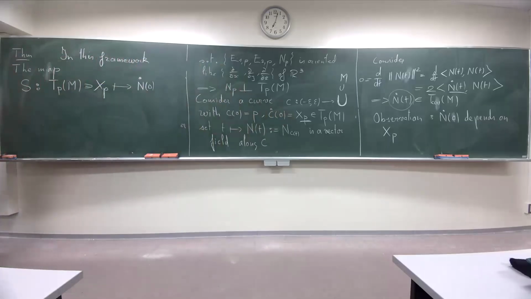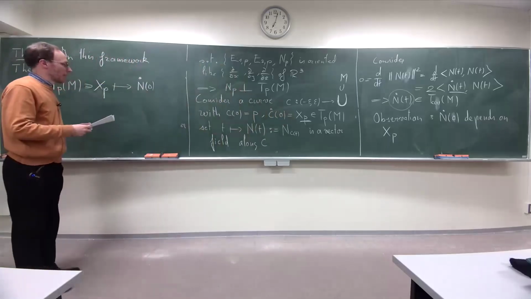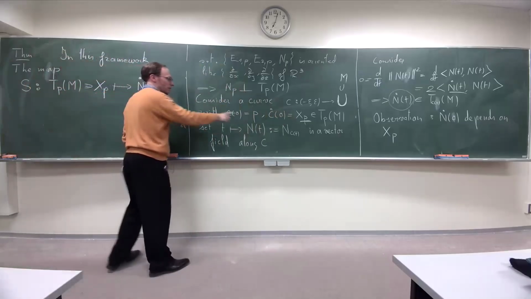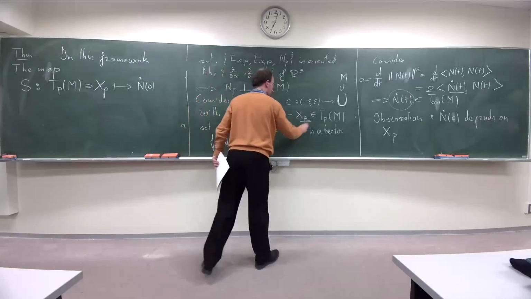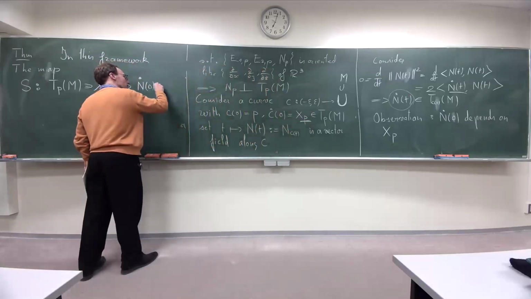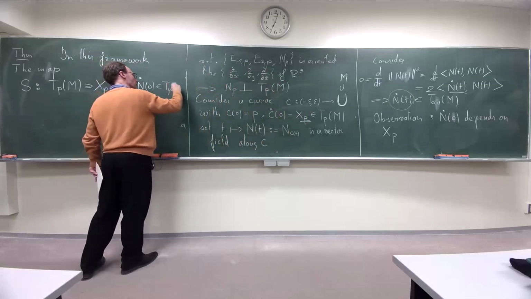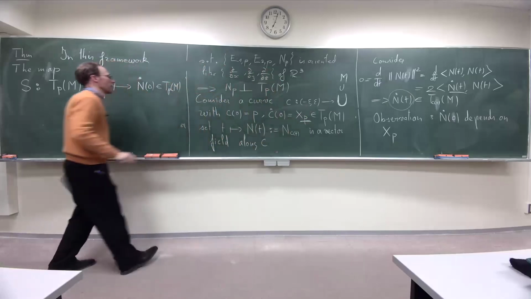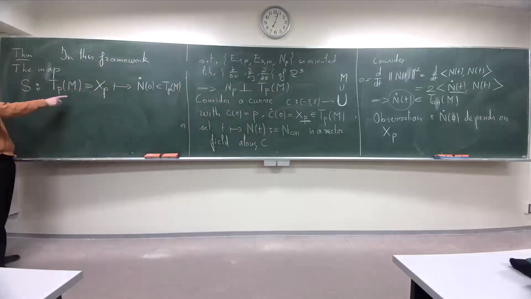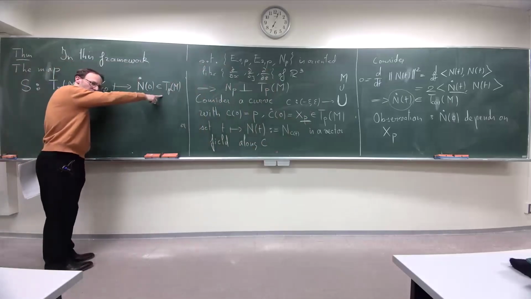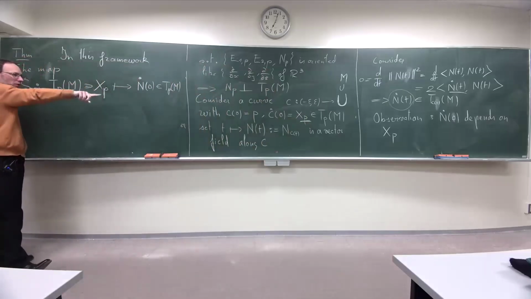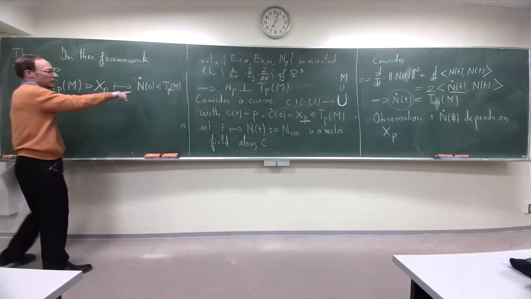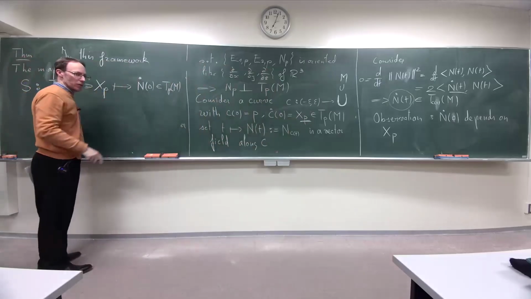I consider this derivative at 0, because I know at 0 it's a vector here. And as I just mentioned there, it belongs to Tp of M. So we have defined a map which takes an element of Tp of M and sends it to an element of Tp of M. But the way it's done, it's taking a vector which defines a curve, at least locally, and takes the derivative of the normal vector.